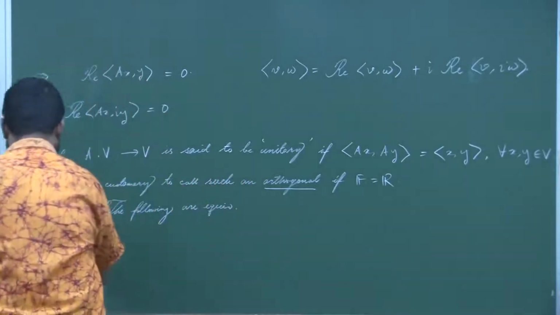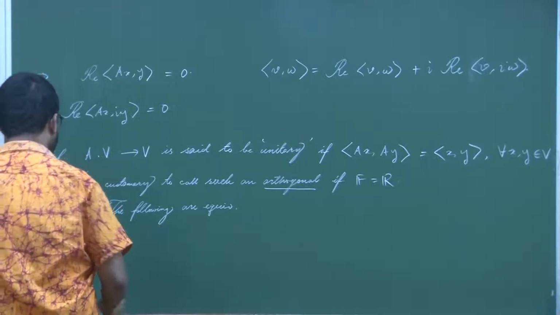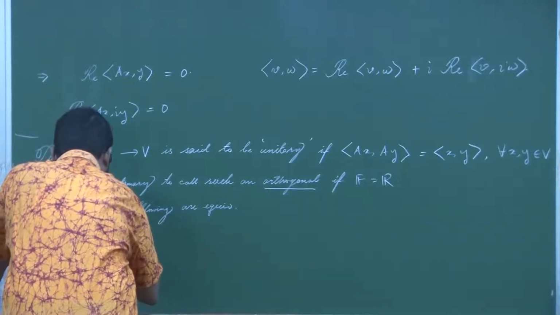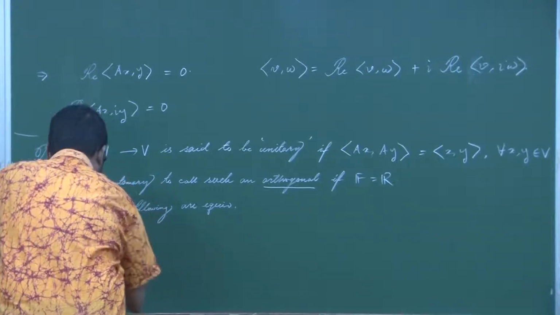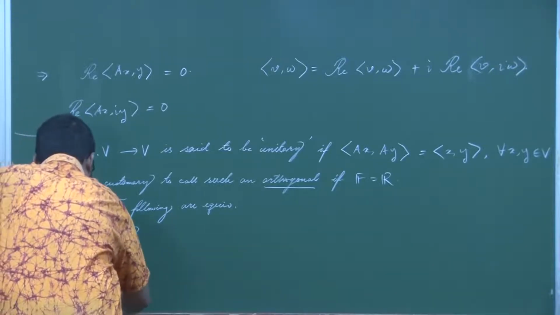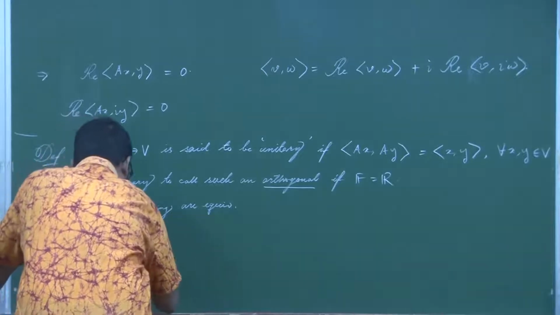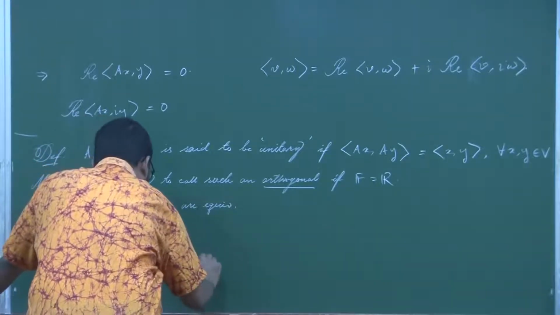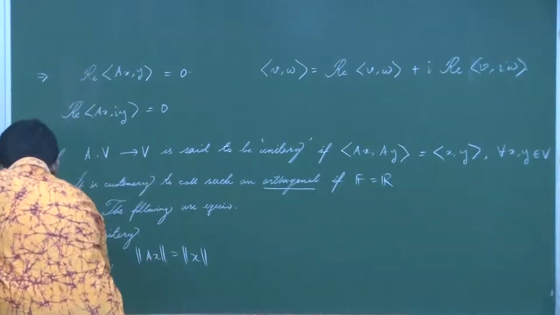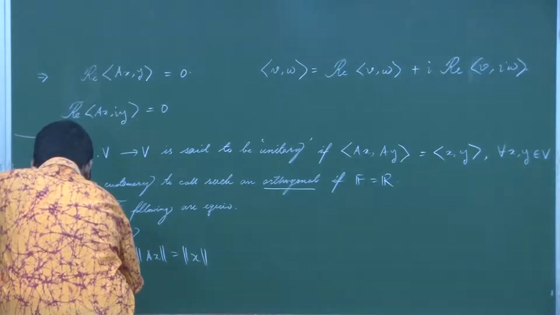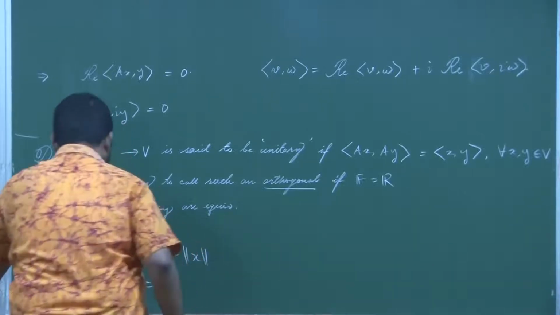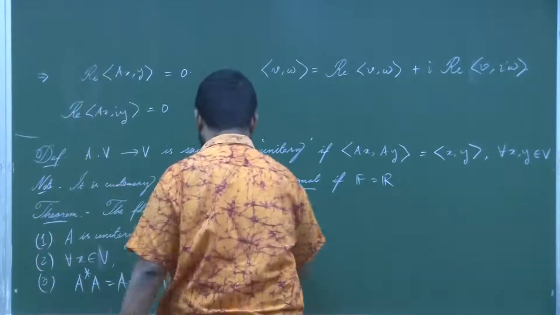What are the following? As I said, the expected one, 1: A is unitary. Then 2: for every x, norm of Ax is norm of x. Then what is property 3? A star A equal to identity. And let me write property 4 here.